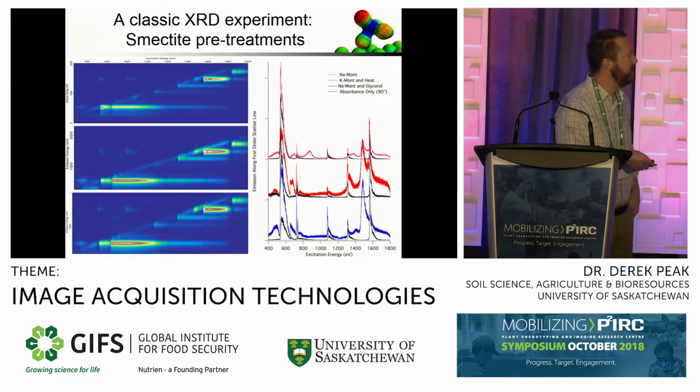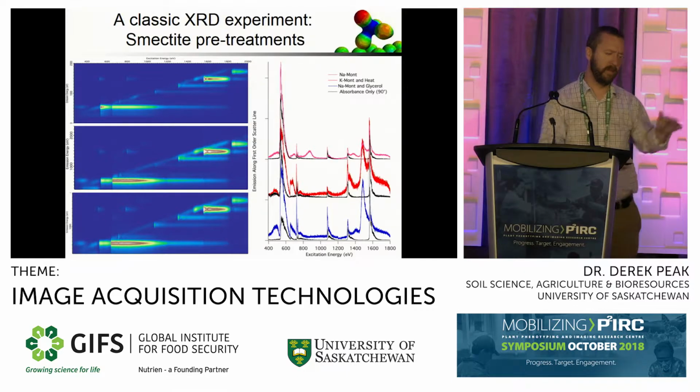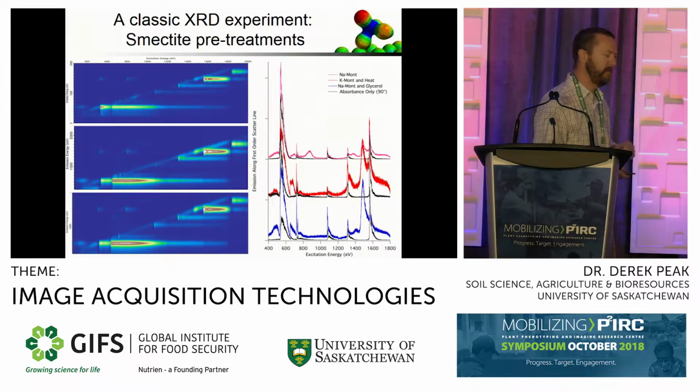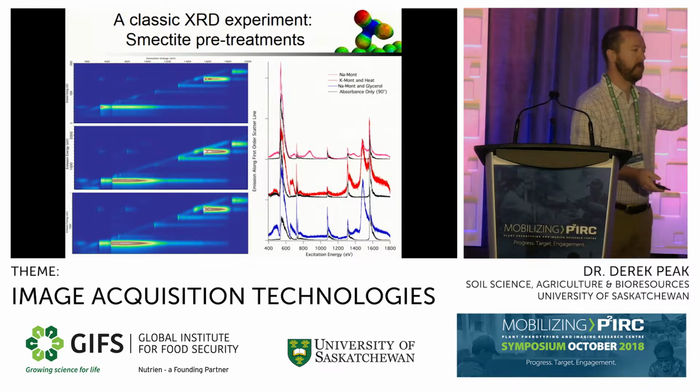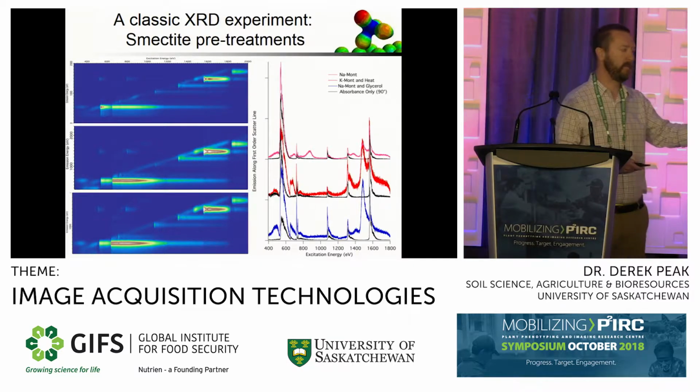And you could see that as you treated these samples, the intensity and also the position of the X-ray diffraction was changing. And that's totally consistent with a collapse from 14 angstroms to 10 angstroms in the presence of potassium and heat, and an expansion in the presence of glycerol. So we're able to do mineralogy, we're able to do X-ray diffraction on this kind of system.